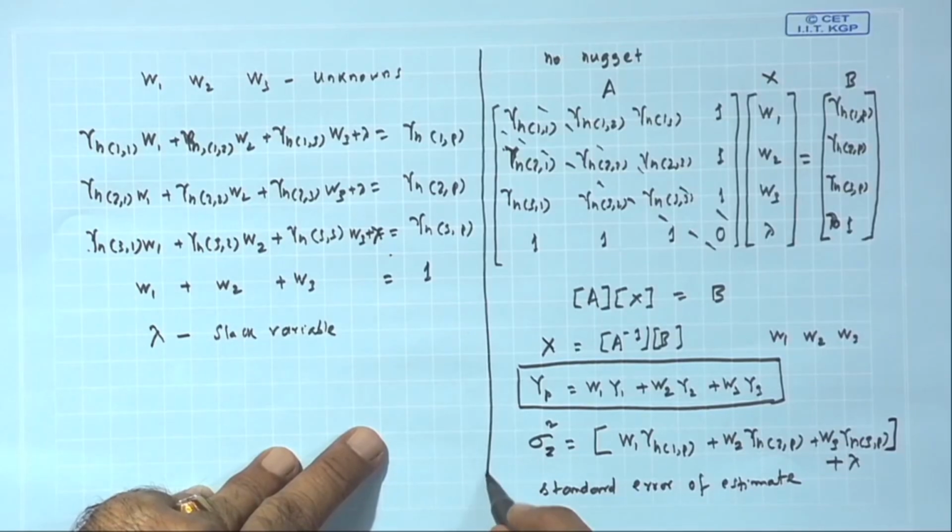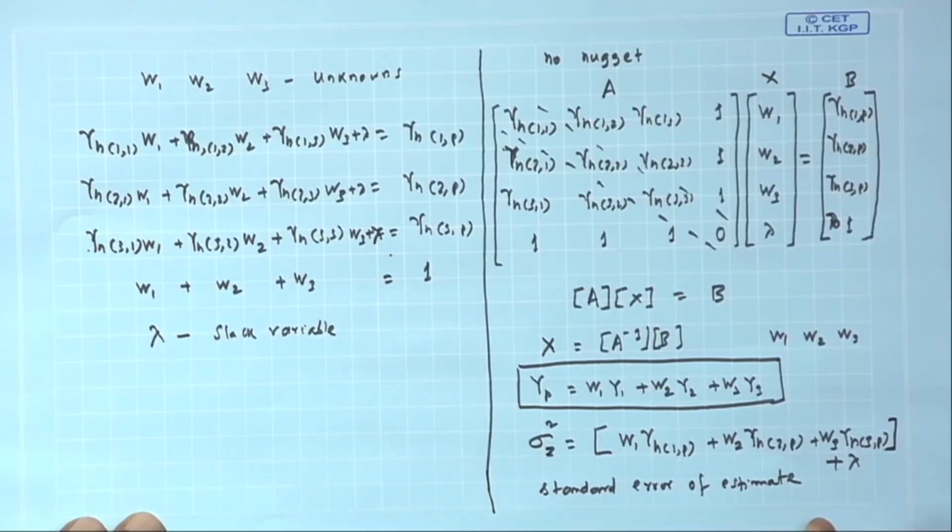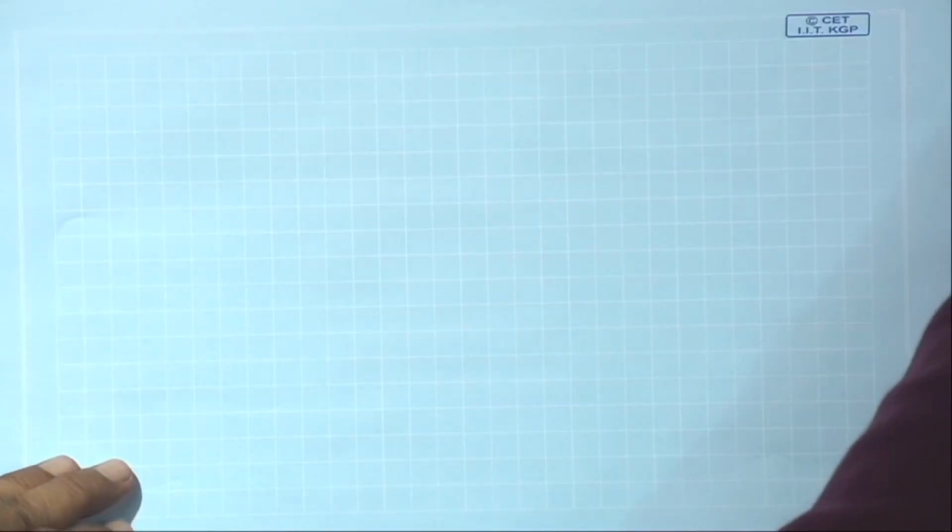So this particular exercise is the punctual Kriging, or point Kriging.